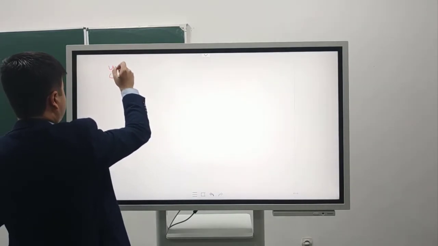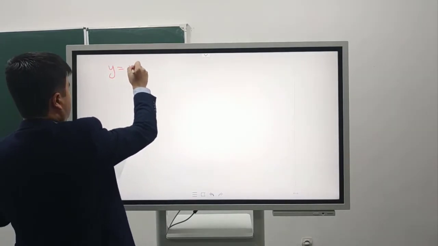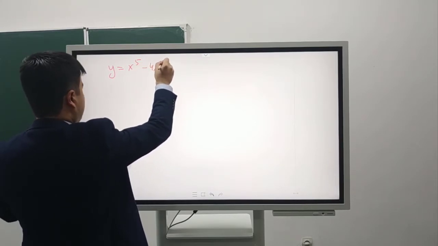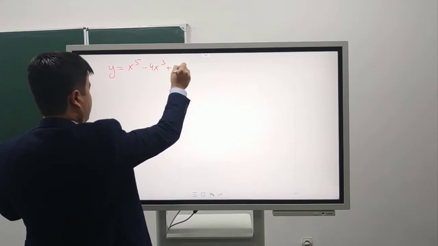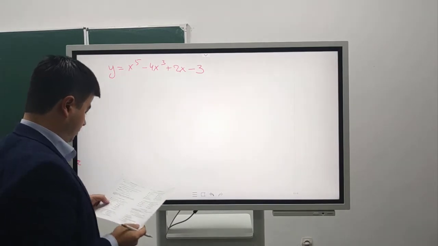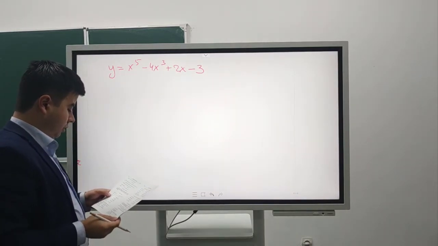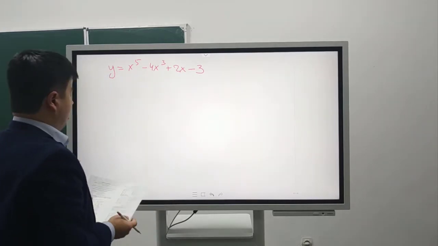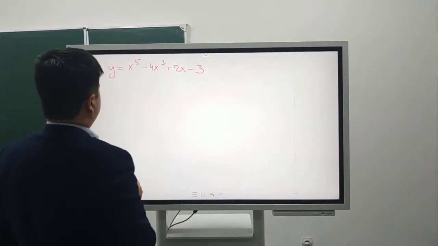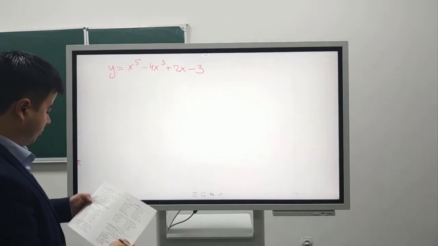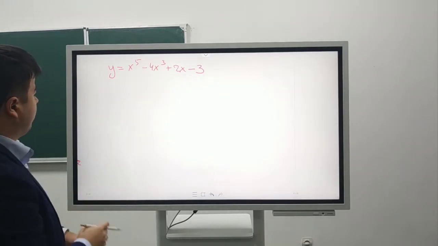The first example, y is x fifth degree minus 4x cubed plus 2x minus 3. So I choose the examples from the book The Methodology. Here, how can we find the derivative of the function? Find the derivative of the following function.